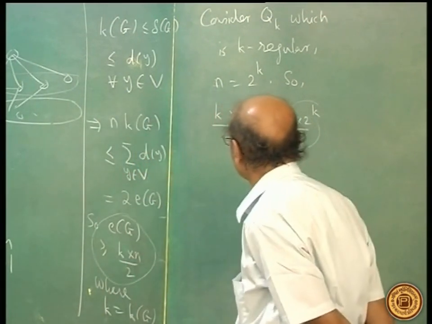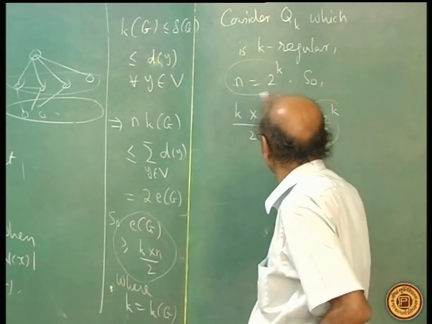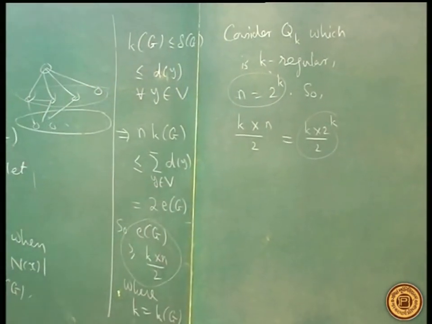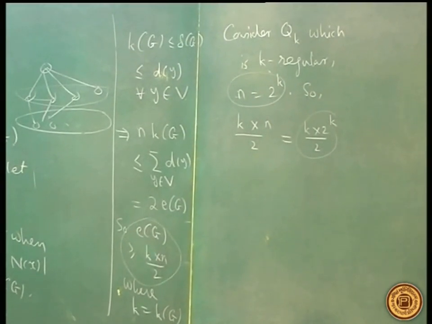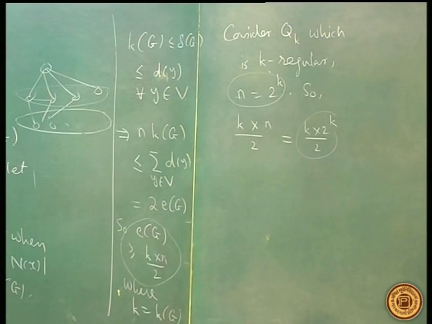Unfortunately, the cube graphs have the property that number of vertices is 2 raised to k. What if the number of vertices is not equal to 2 raised to k? Can I construct graphs that have this property? That is the kind of situation I am looking for: graphs that are k regular, n vertices, and are k connected.